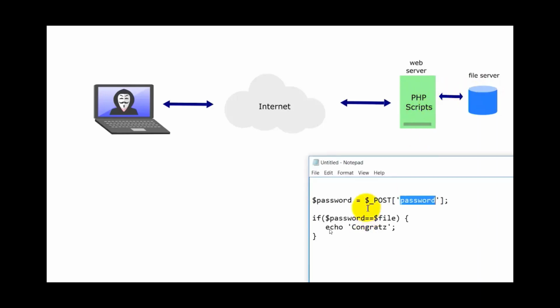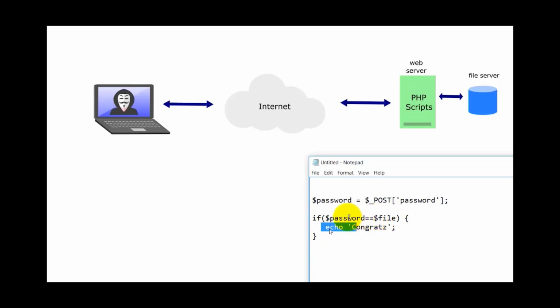Let's take a look. So if the file is not found, that means the value of this will be blank, or 0 or null, or even an empty string. Correct? So therefore, if the password is equal to a blank or empty string or null, this will be true.